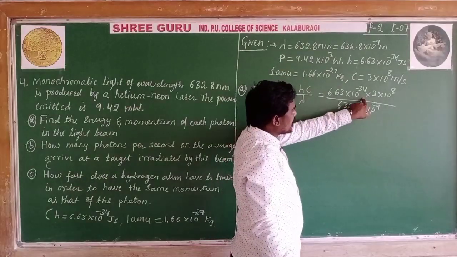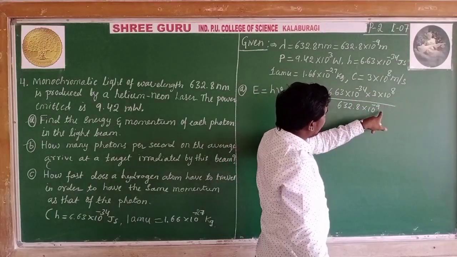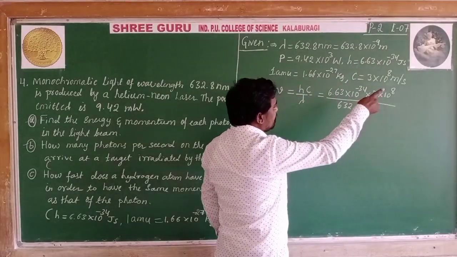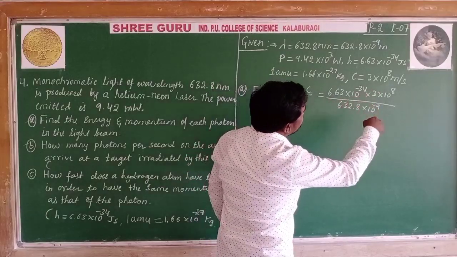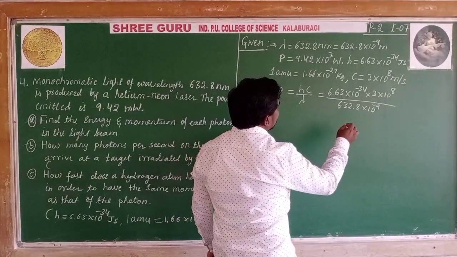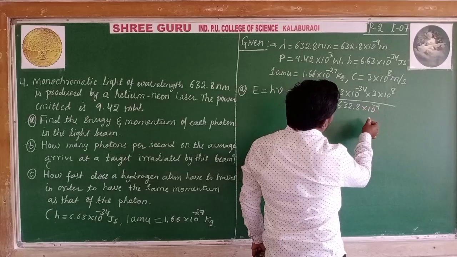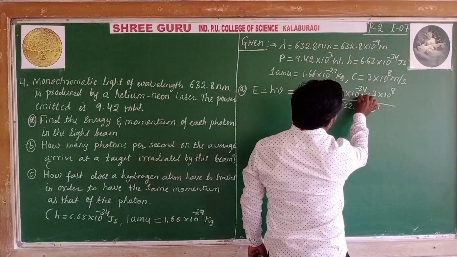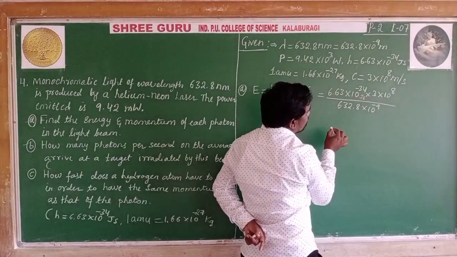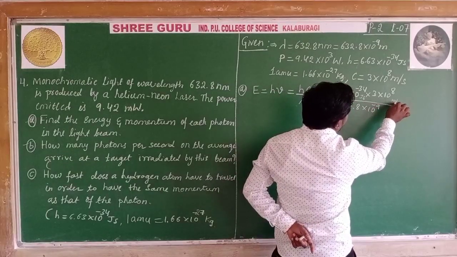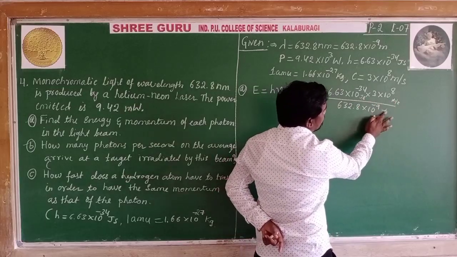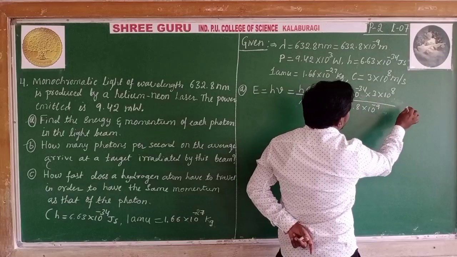Listen here: this is joule second, and this is meter per second. The second cancels, the meter cancels, and what remains is joules. The energy unit is joules.